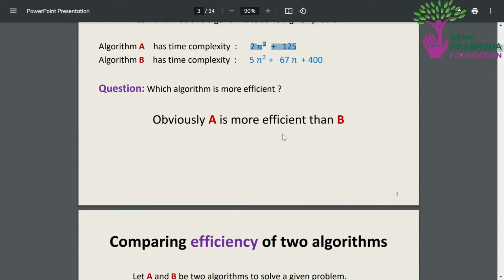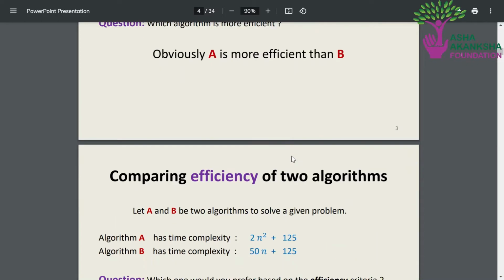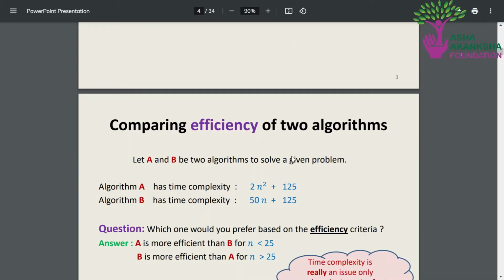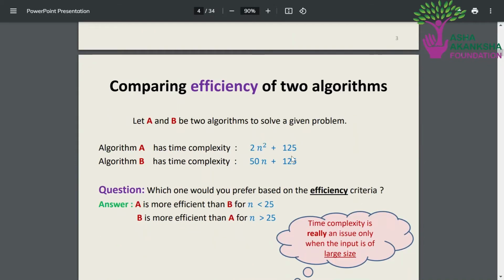So this is a very vague idea. I'm not saying that we need to calculate time complexity by putting values of n. I'm just building upon this idea, and at the last we will be able to efficiently calculate the time complexity of an algorithm.